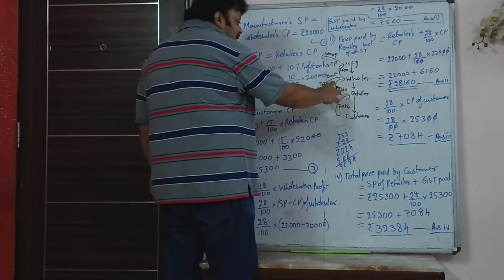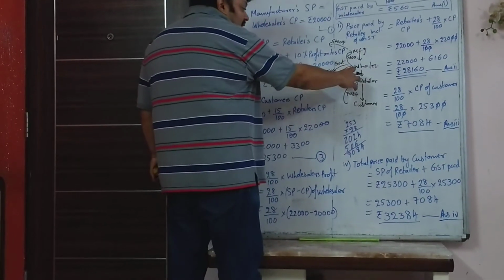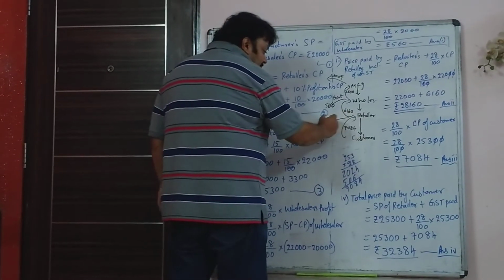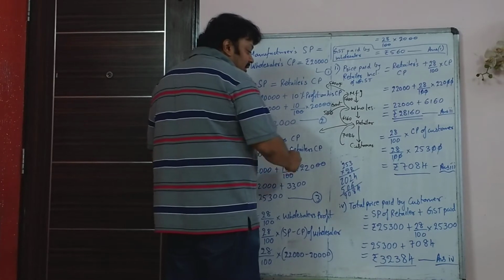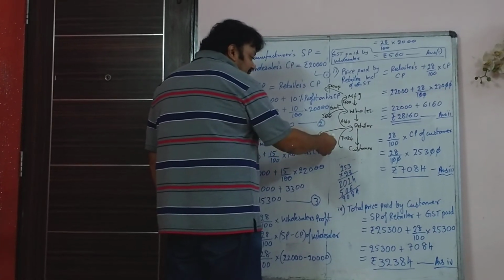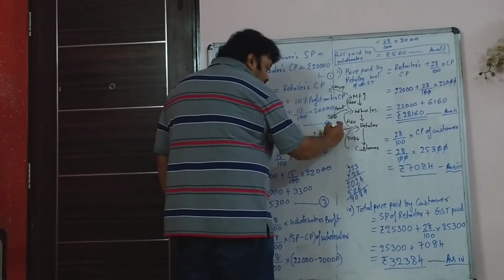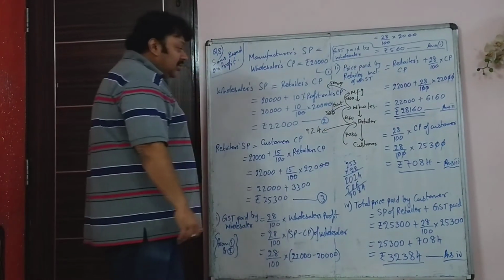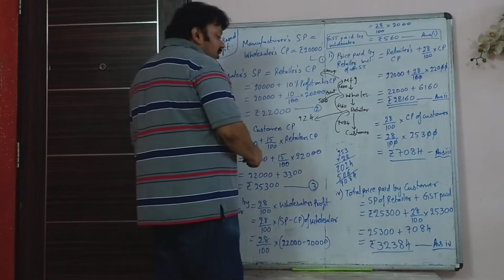Out of that 7,084, 6,160 the retailer has already paid the wholesaler. So the remaining, that is 7,084 minus 6,160, that much GST, 924 rupees GST, is paid by the retailer to the government.